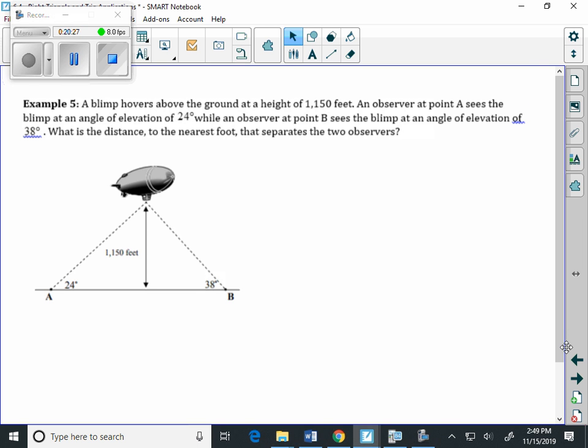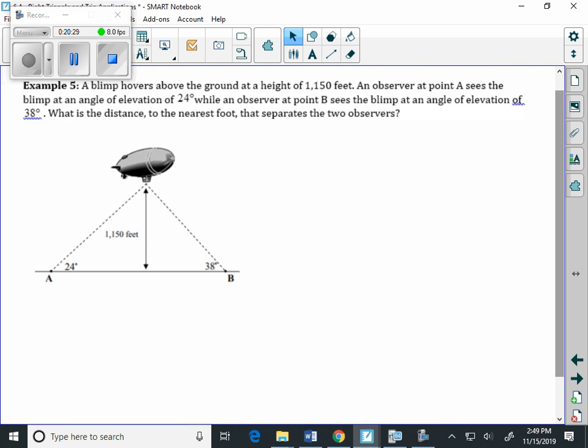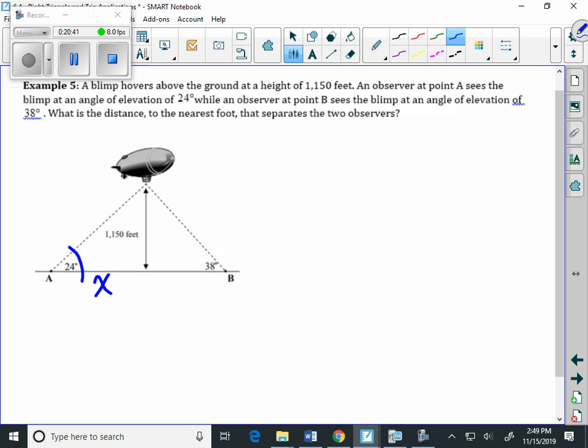Well, once again, we're going to have to set up a trig ratio. And if I look left in the picture, we've got our angle of 24 degrees here. Ultimately what we want to do is figure out what this distance here is. As we label this triangle, here's our hypotenuse.